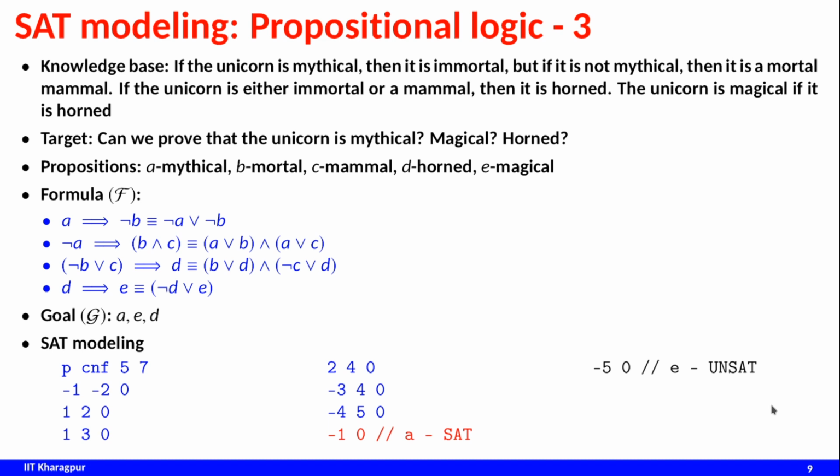That means we can say the unicorn is actually magical. Similarly for part D, if we use these six clauses in blue and this -4 0, this yields UNSAT. So effectively it means the unicorn is actually horned.